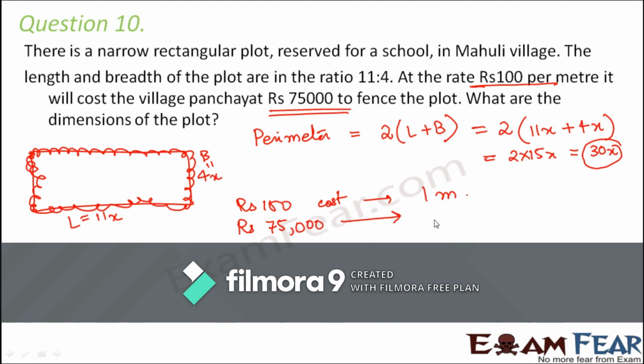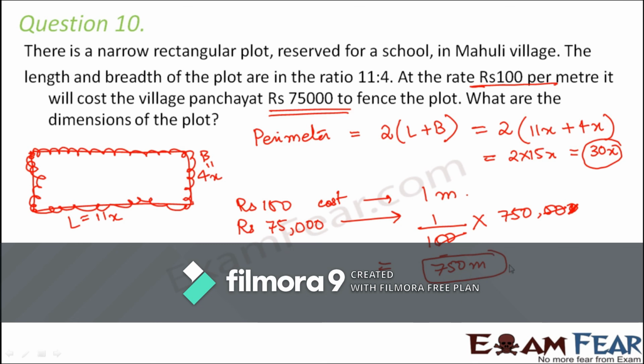So 75,000 would be the cost for how many meters? That would be 1 by 100 into 75,000, which comes out to be 750 meters. That means as per this data, the total perimeter of the plot should be equal to 750 meters, because only when the perimeter is 750 meters will the total cost come out to be 75,000 rupees.